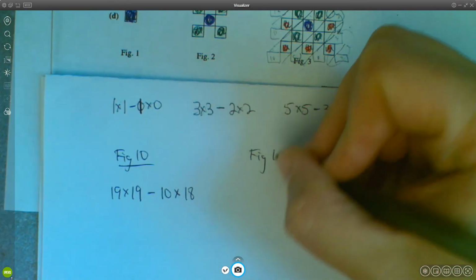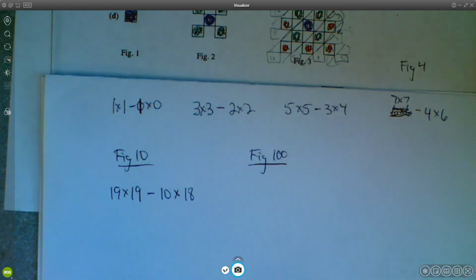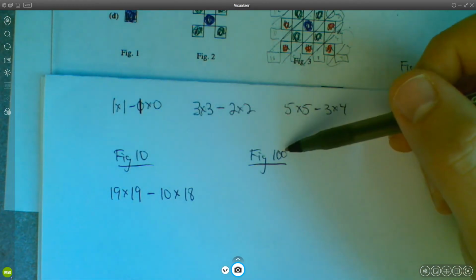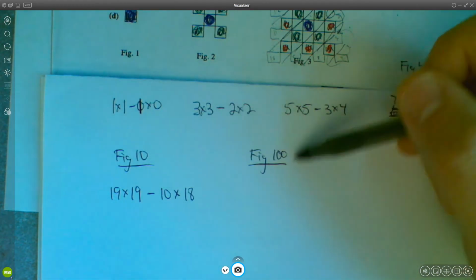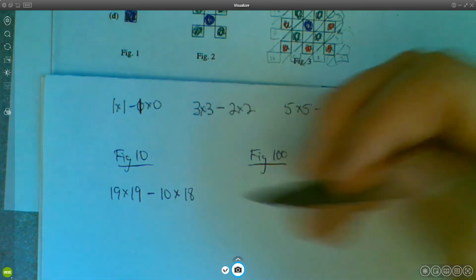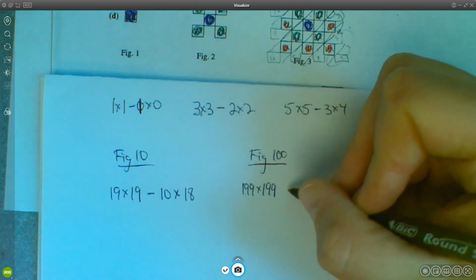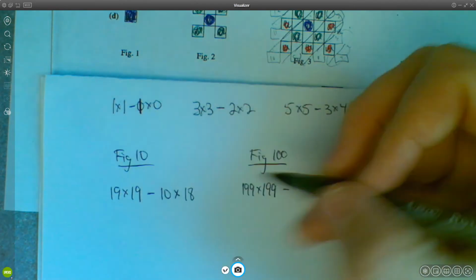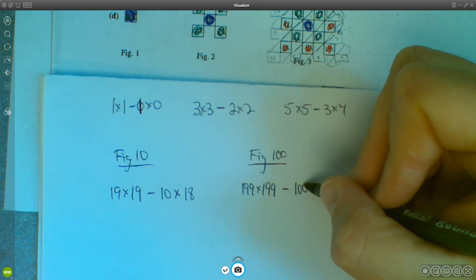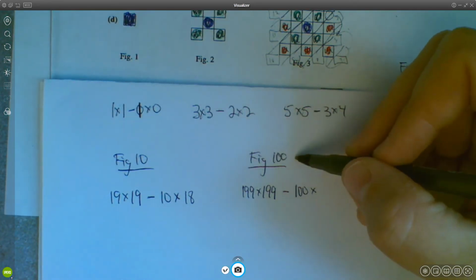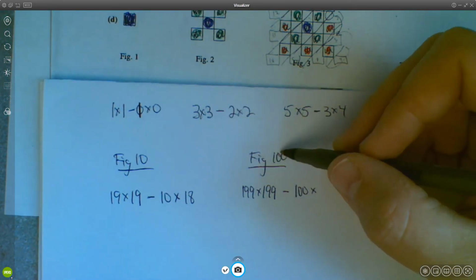Let's see if we can do figure 100. So remember this first number was figure number times 2 minus 1. So 100 times 2 is 200, minus 1 is 199. And then we would subtract off, the first number was the figure number. The second number was figure number minus 1 times 2, right?